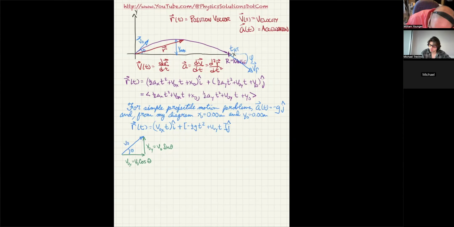So with that in mind, I can now say r of t is equal to v0 t cosine theta i hat plus negative 1/2 g t squared plus v0 t sine theta j hat.